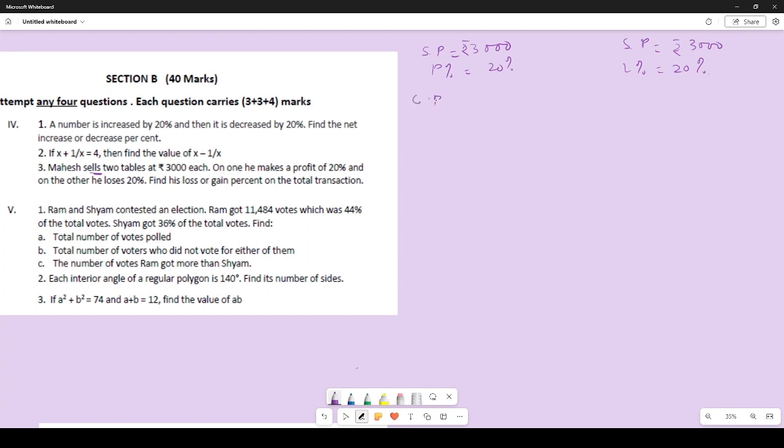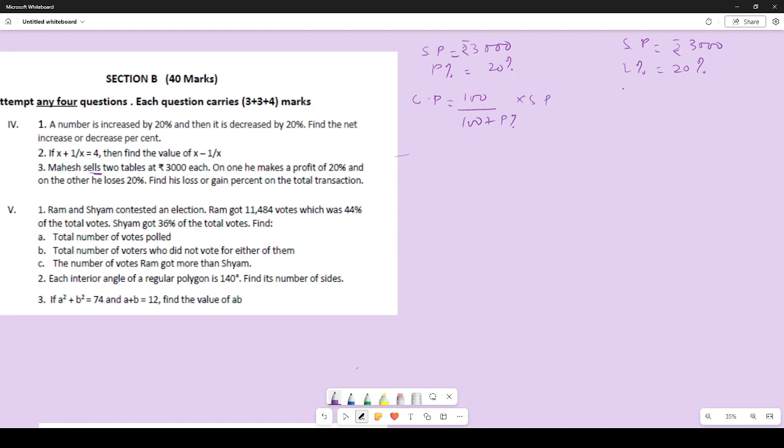Now what we need to find out? We need to find out the CP for both of them. So CP over here, when you are finding the cost price with profit percent, you take 100 by 100 plus profit percent into SP.